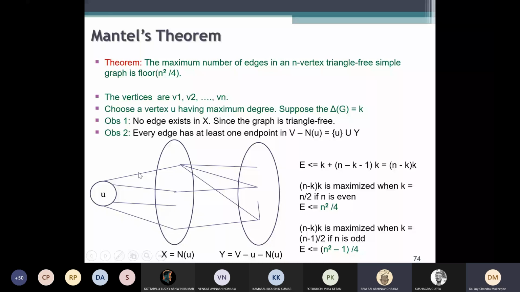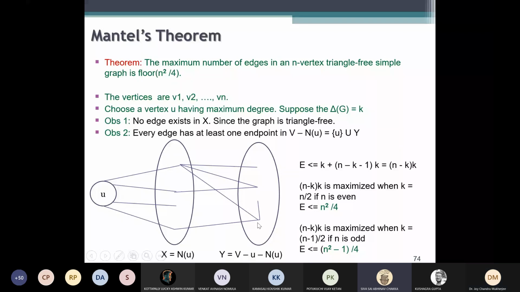For this kind of edges which are across X and Y, one end point is in Y, and there may be some edges which are within Y. So both of the end points belong here. That is why every edge has at least one end point in this. It may so happen the edge has both endpoints in Y. That is also possible.